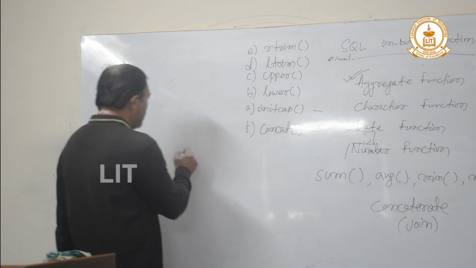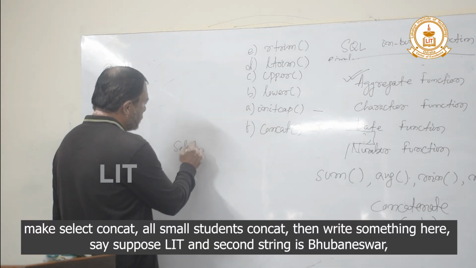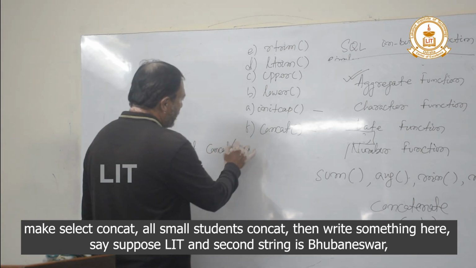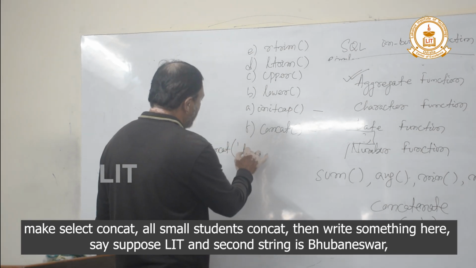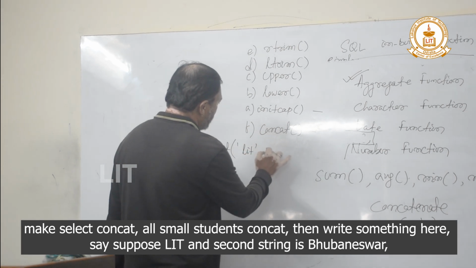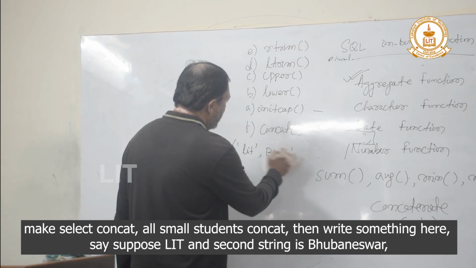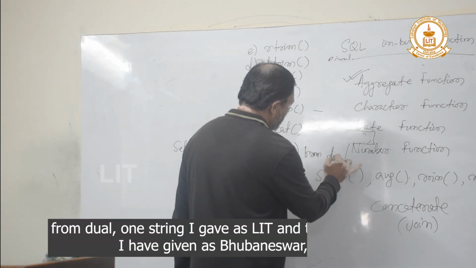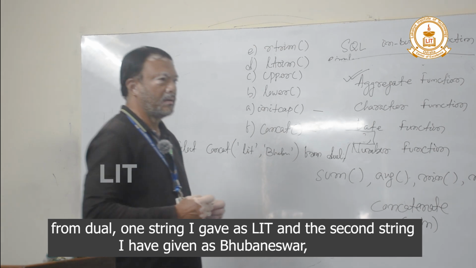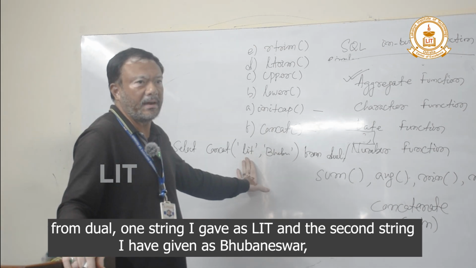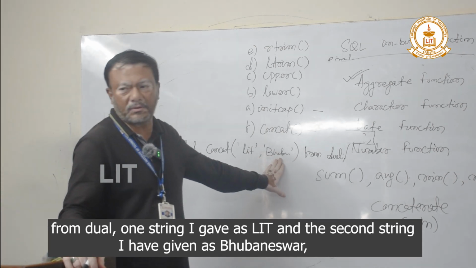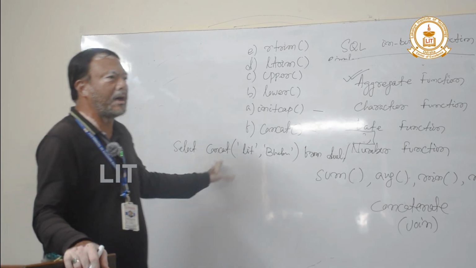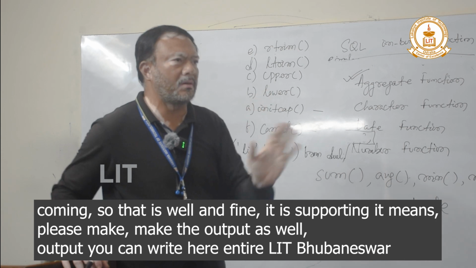I am also not sure. Make select concat, all small letters, then write something here, say LIT as one string and Bhubaneswar as the second string, and see whether it makes one string, from dual. We'll see whether the output comes as LIT Bhubaneswar or not.